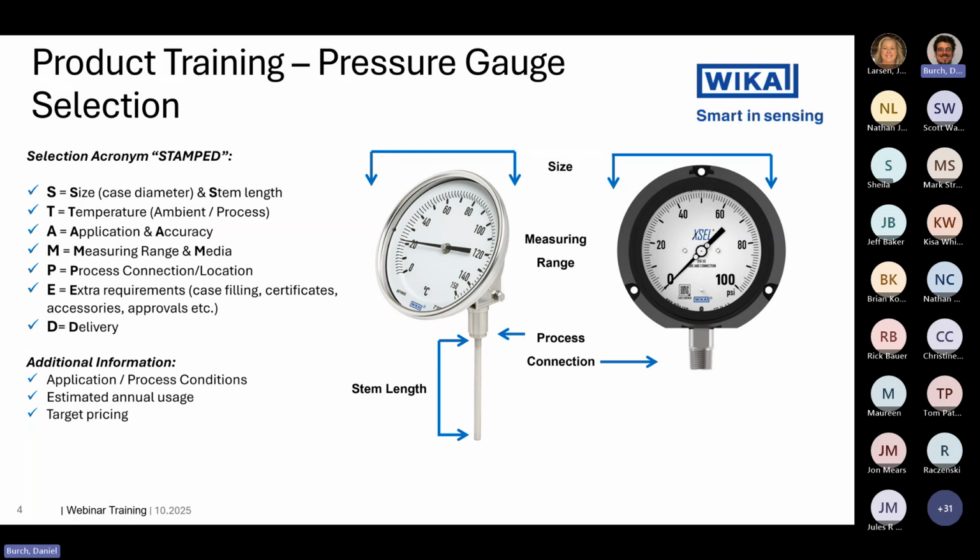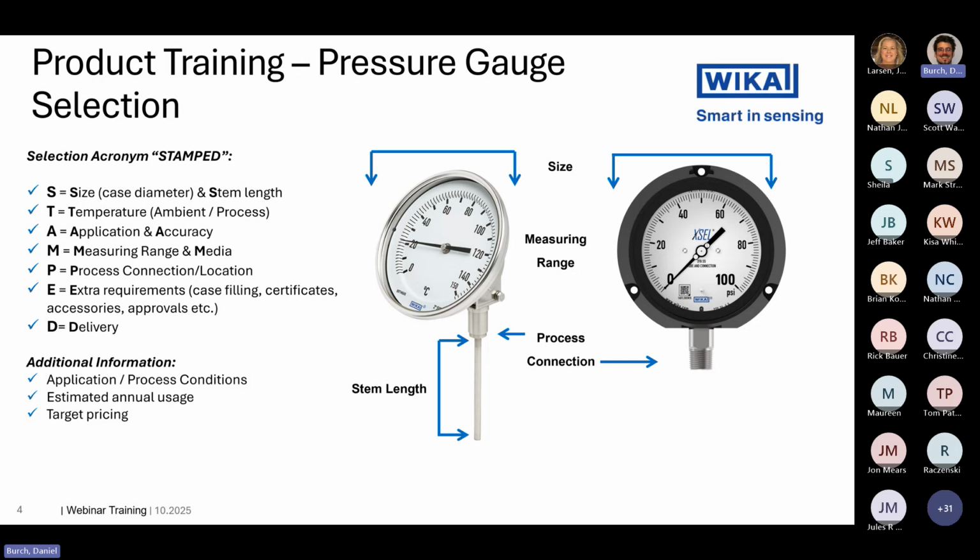The measuring range and the media for M. So the basic rule of thumb for measuring range is, whatever your application pressure is, let's say your operating pressure is at 50 psi, then you want to get a gauge that's 2 times whatever that operating pressure is.